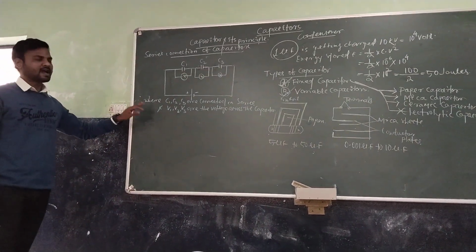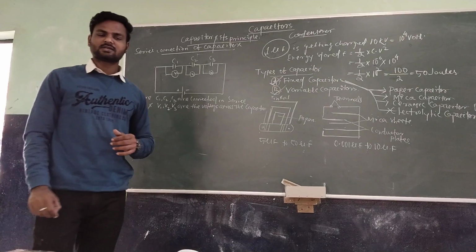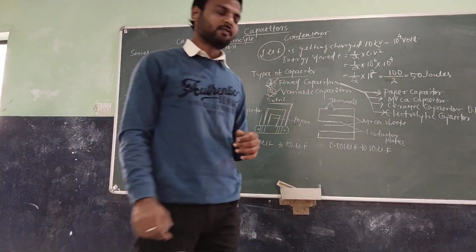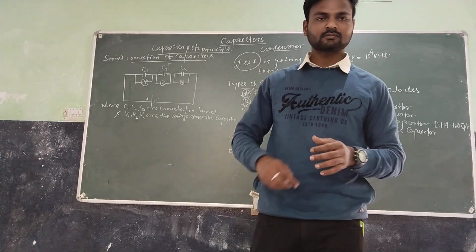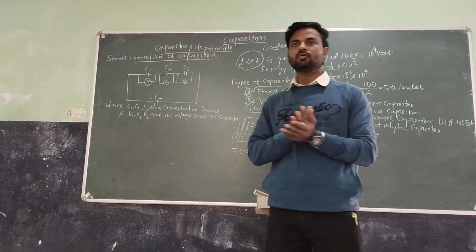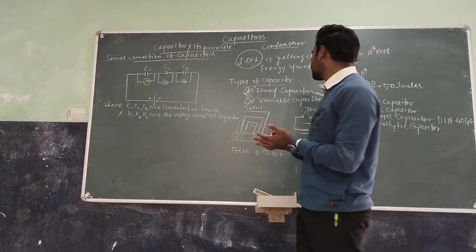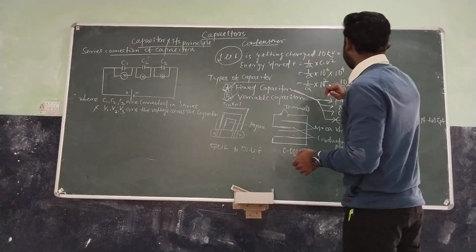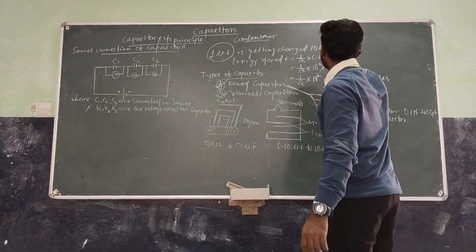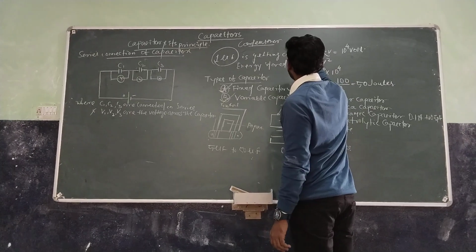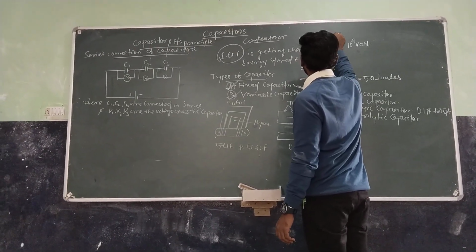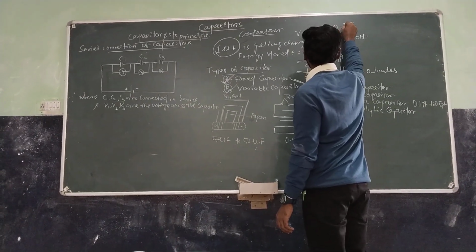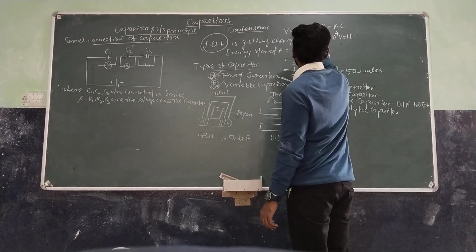Let the charge be Q. What is the formula? Q is equal to V by C, or voltage V is equal to Q by C, or Q is equal to V into C.